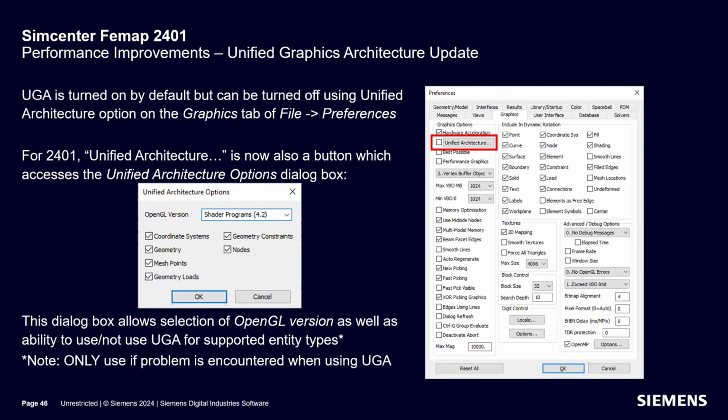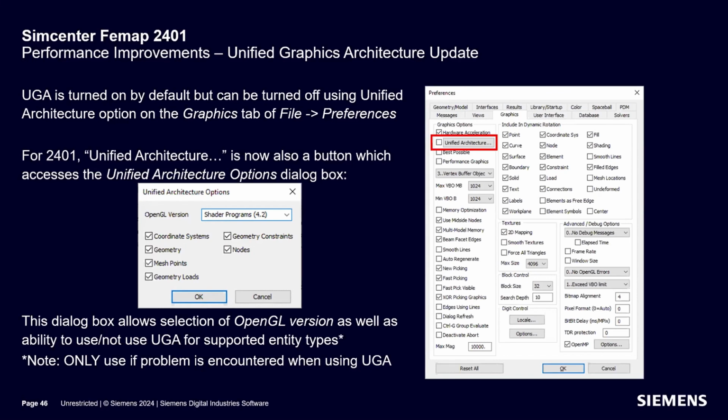It's right, and basically everything that's supported by it is turned on by default. But if you see something not working as expected, here you can turn off entire groups of things. So let's say you wanted to do geometry the old way, you could turn that off, or the geometric loads or the constraints, you could turn them off, or the nodes, that type of thing.